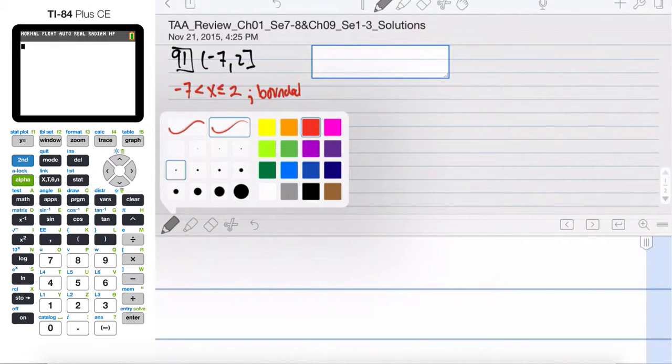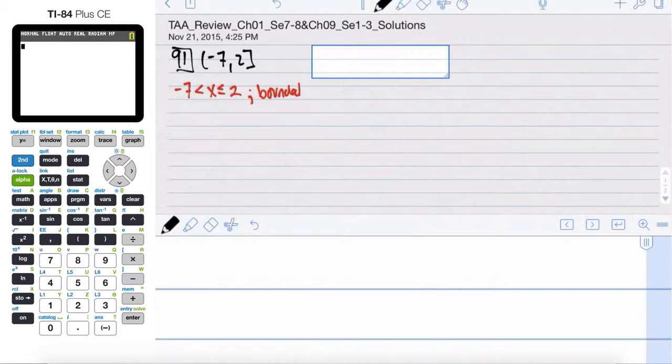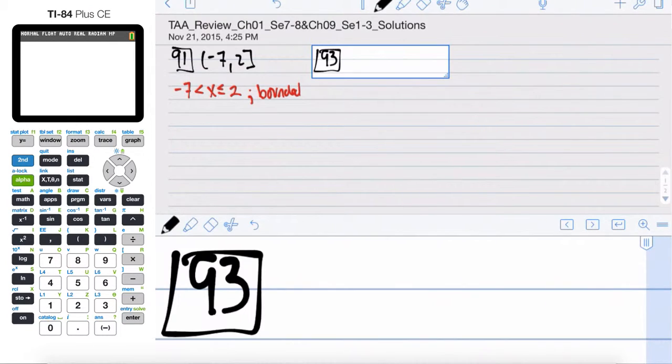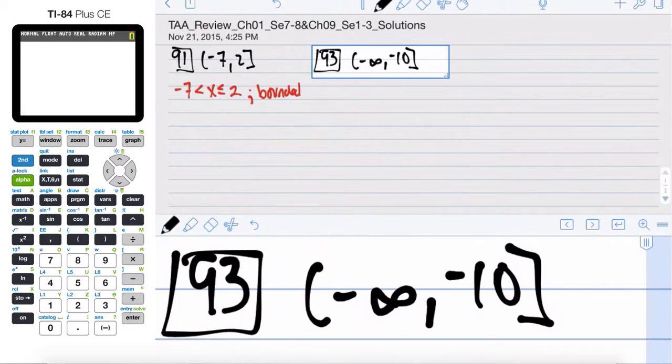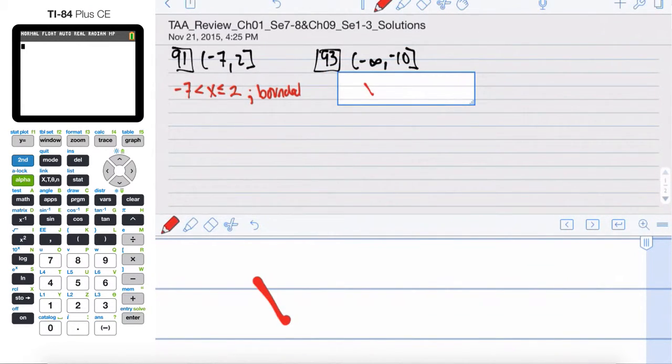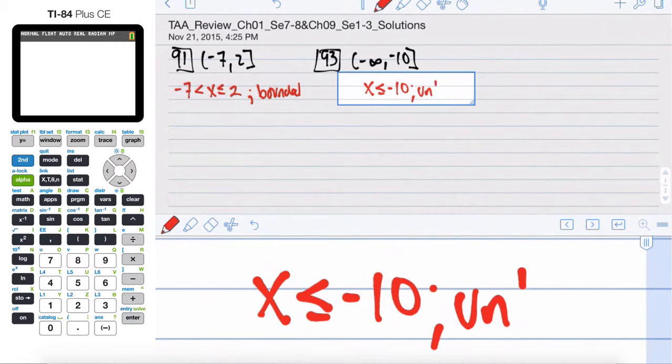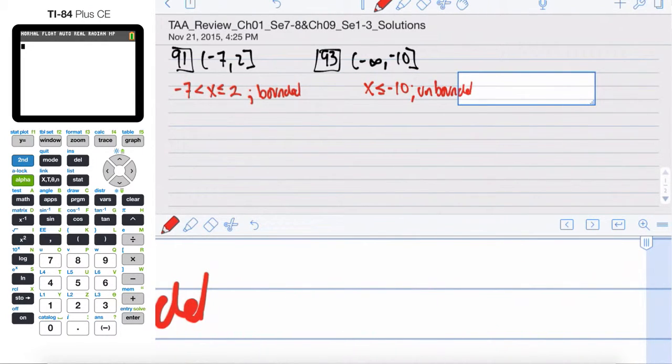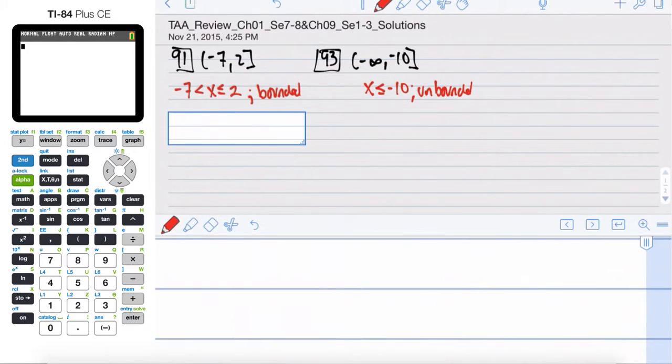Alright, 93 gives us -infinity to -10. So it is x is less than or equal to -10, and it is unbounded. Okay, so that's 91 and 93.